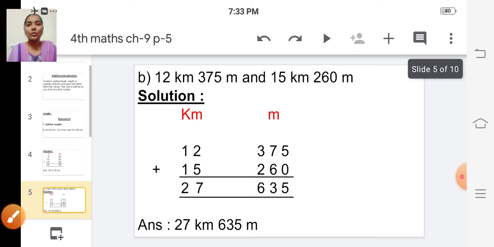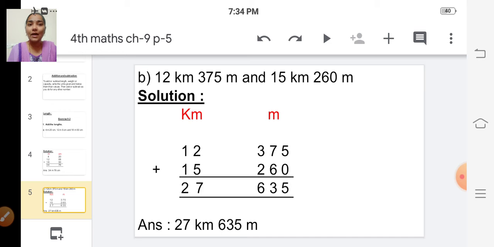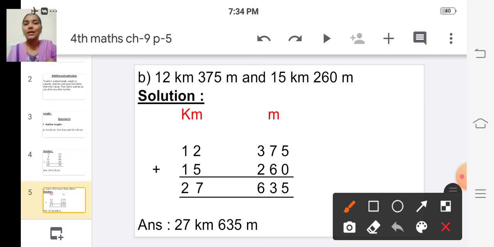We will see one more problem. B: 12 kilometer 375 meter and 15 kilometer 260 meter. We are going to add these two lengths.